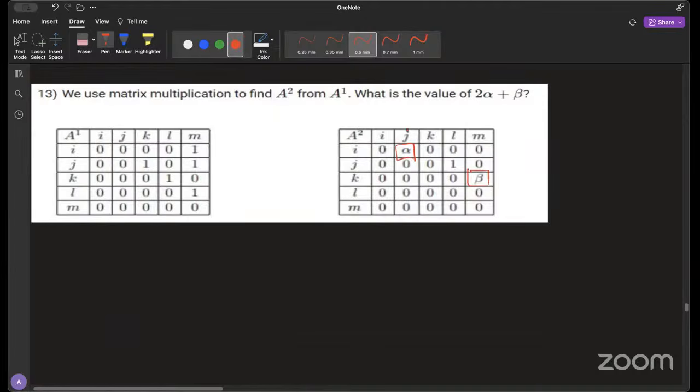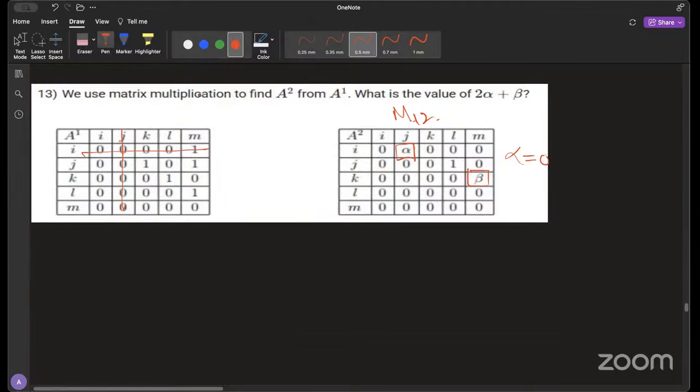If I'm calling this matrix M, then this entry is M12, which means first row multiplied with second column. So this row multiplied with this column. Because this entire column is just 0, you're going to get 0. That means your alpha will be 0.